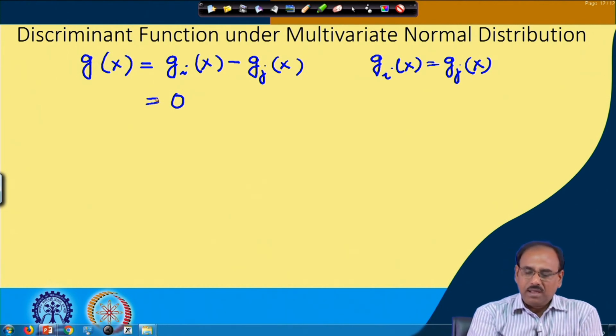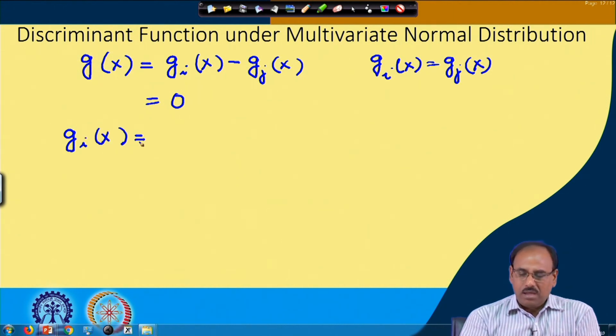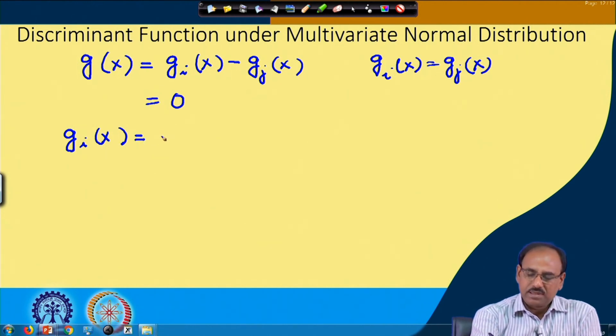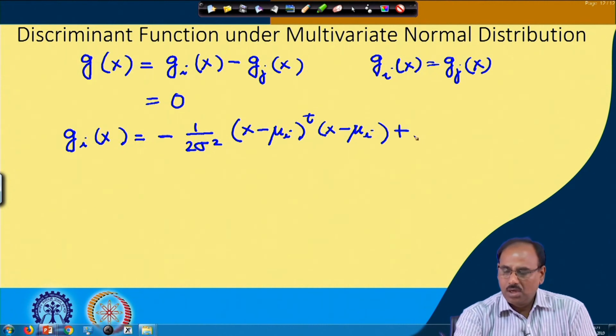And what we have seen is that for g_i(x), under this simplified assumption, g_i(x) is nothing but minus 1 upon 2σ² (x - μ_i)^T (x - μ_i) plus log P(ω_i).